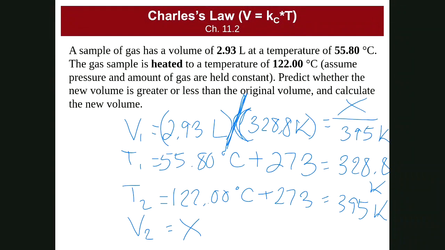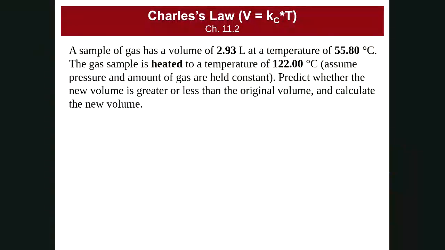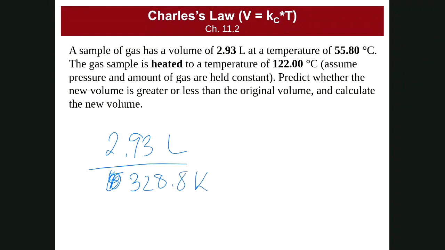So let me rewrite this a little neater. All right, so now you can see that if we want to get X by itself, we multiply both sides by our 395 Kelvin.